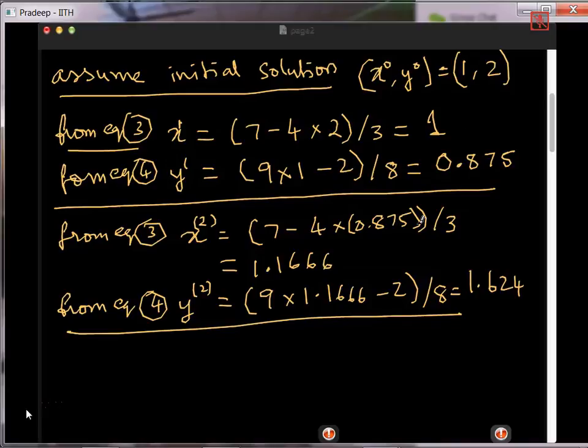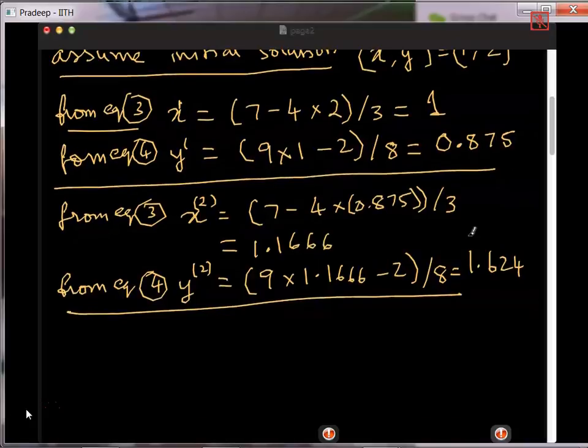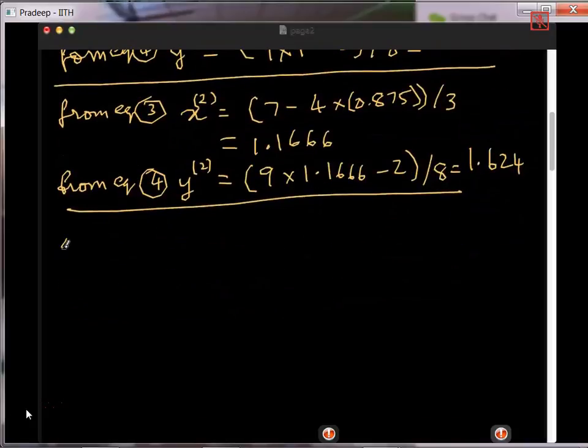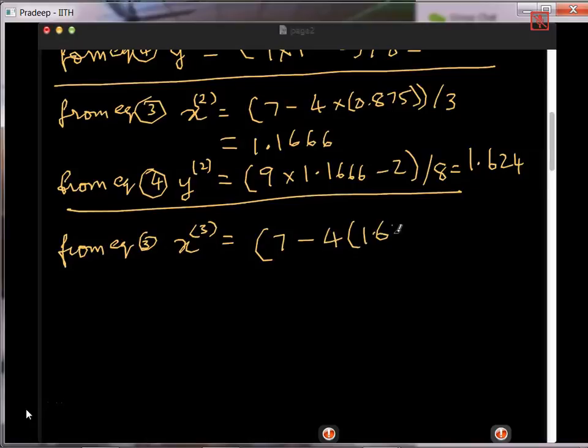Now what is the next step? Again you can calculate from equation 3. x3 will be 7 minus 4 into 1.624 divided by 3, which is 0.168.